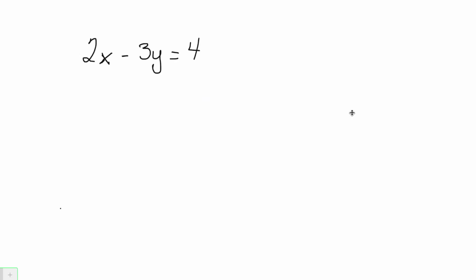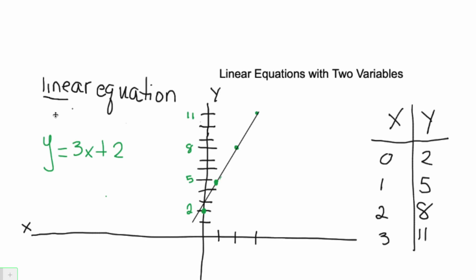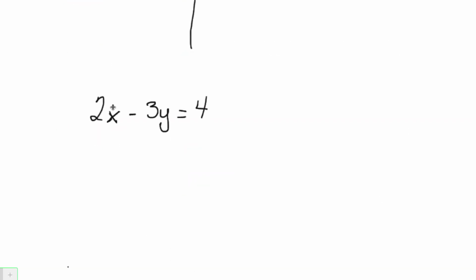Now, let's do another problem. All right, this one's written a little differently on purpose, okay? So this one is where you have your x and your y on the same side. What you saw previously, you had the y on one side of the equal sign and the x on the other side, and then your 2 is your constant.